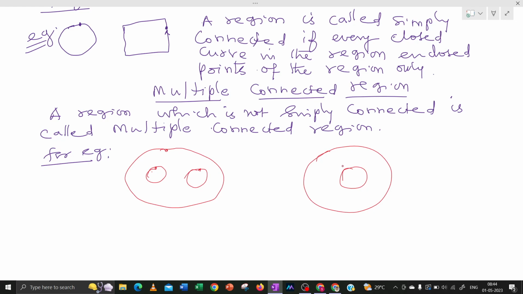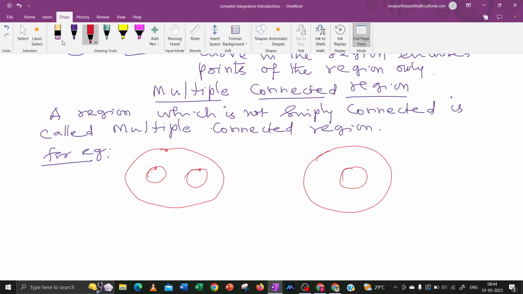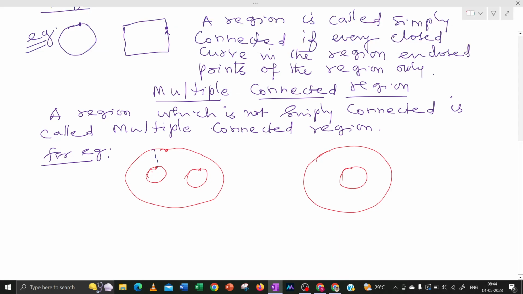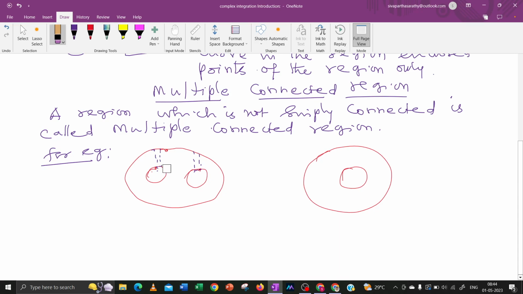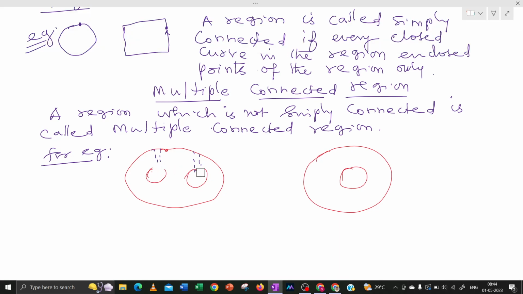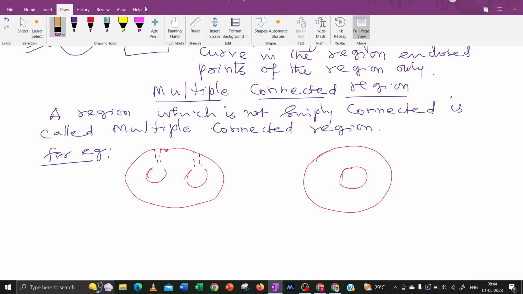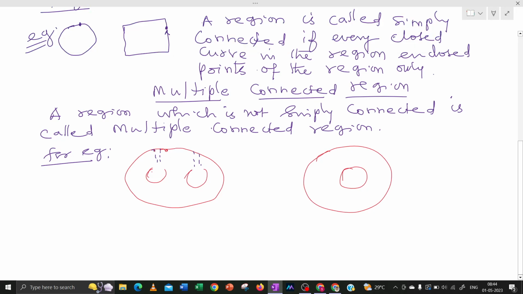Even a multiple connected region may be converted to a simply connected region. How can it become a simply connected region? For example, in case you are connecting like this, in case it is open, so here we can see that the curve is like that, but here, here, and then here it goes to.